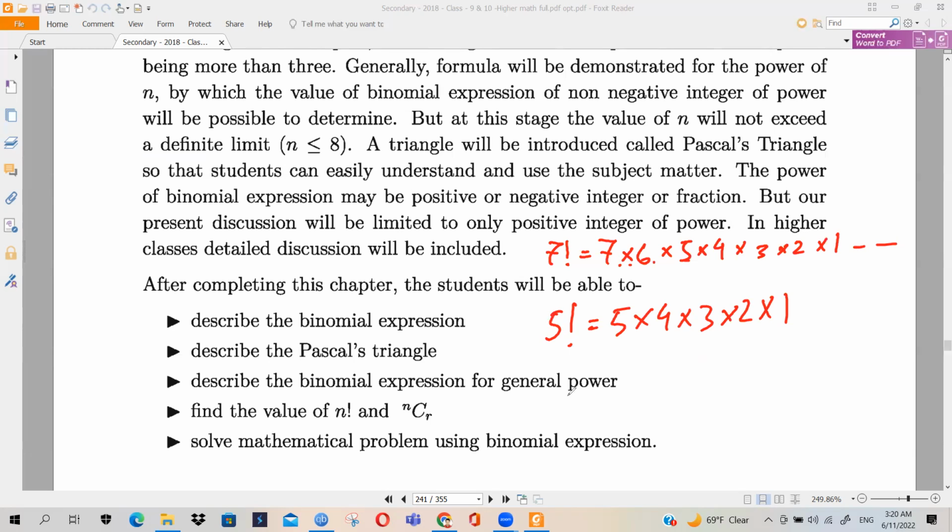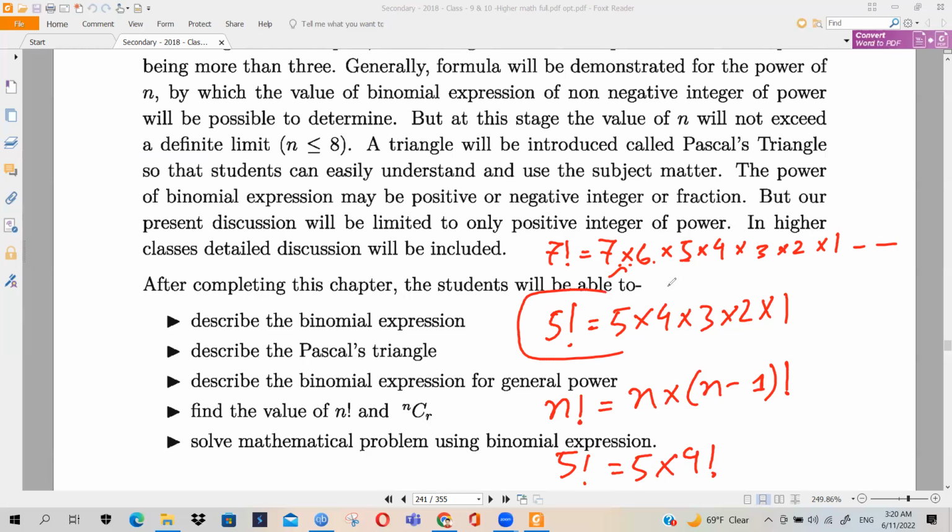So what it means is, if we are going to find n factorial, there's a very interesting thing: it will be n times (n minus 1) factorial. Now, why did I say that? For instance, if I write 5 factorial equals 5 times 4 factorial, does it satisfy this equation?